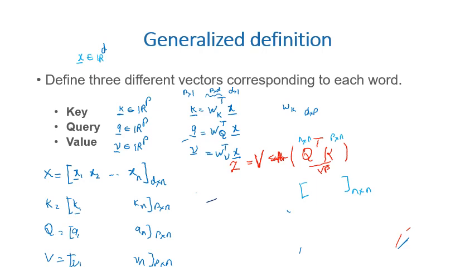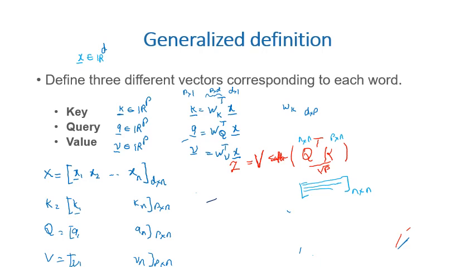And when you do softmax, it's as if you are normalizing this matrix such that the rows of this matrix sum to 1, and they're positive. So basically, you make this matrix a stochastic matrix. That's the definition of a stochastic matrix, a matrix which has positive values and sums to 1 row-wise.